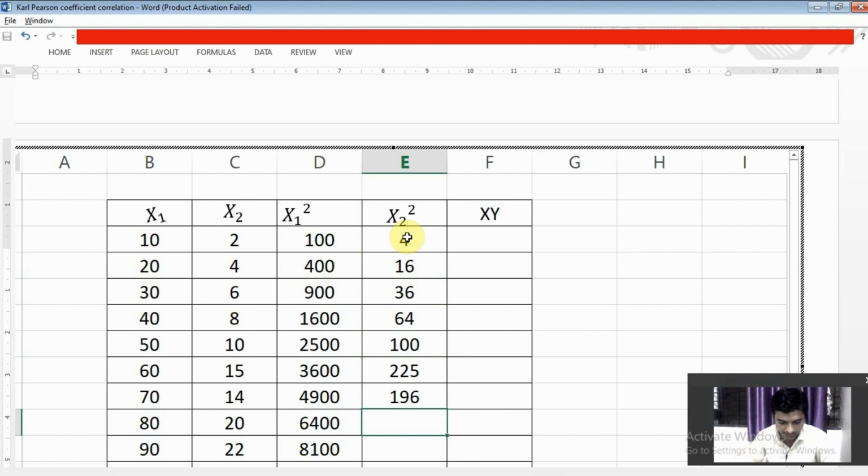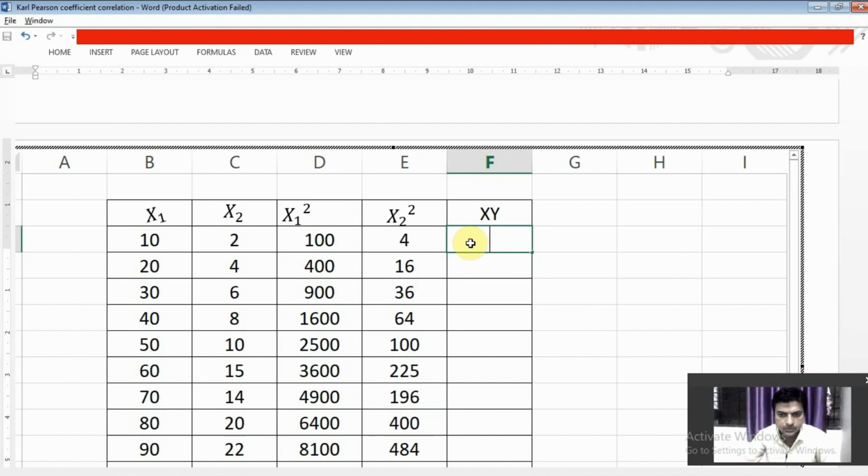We already did this in the calculator in the last example. And last one is 22 square, 484.